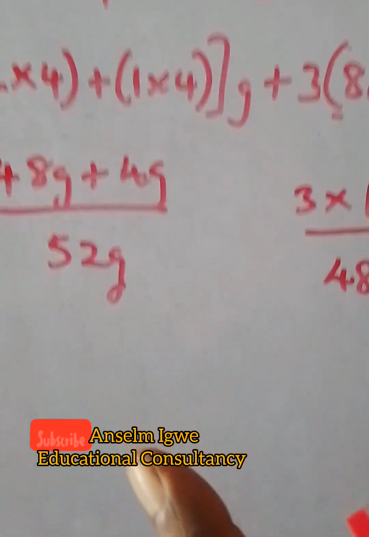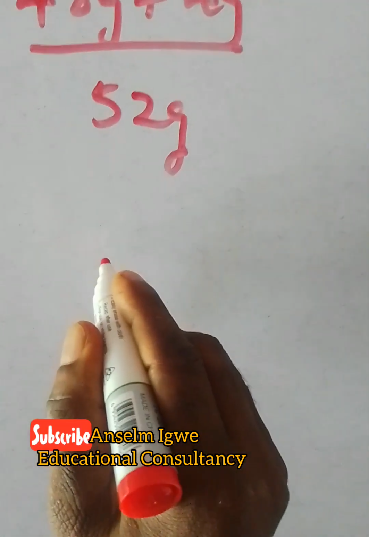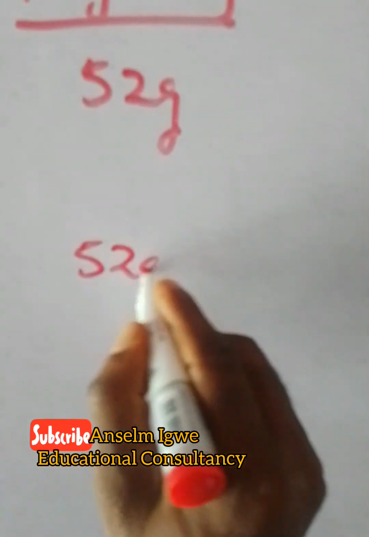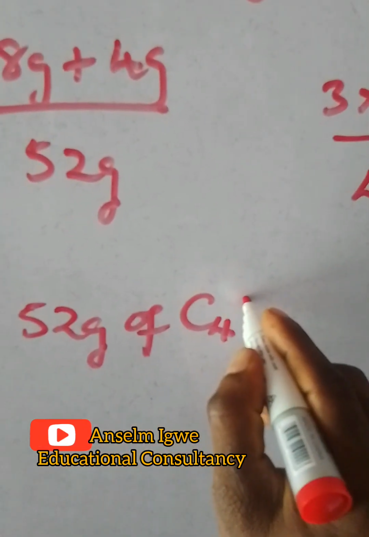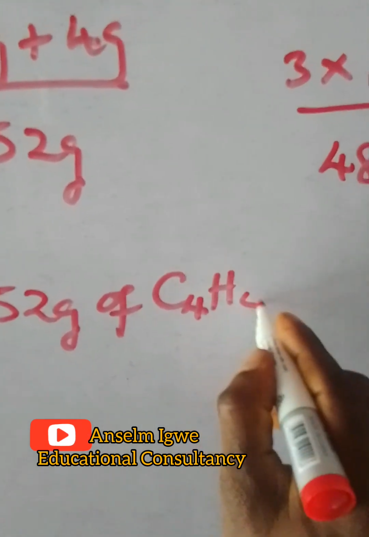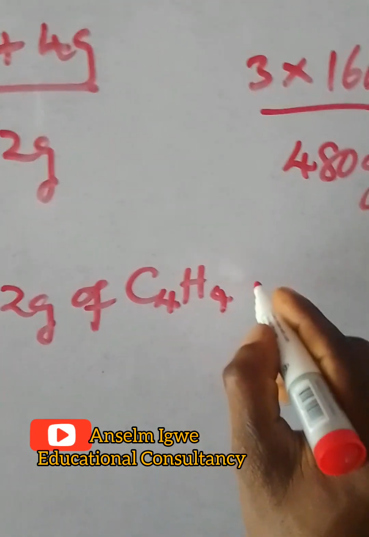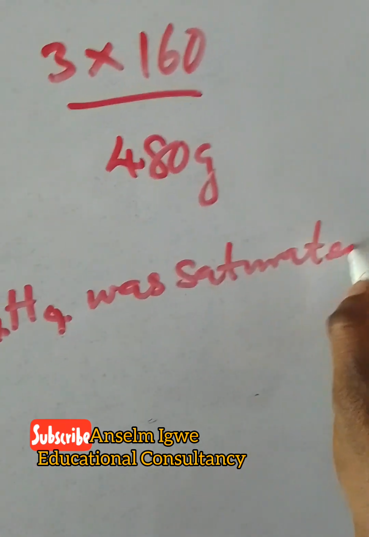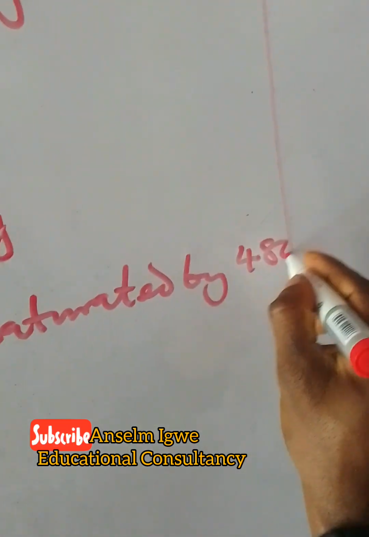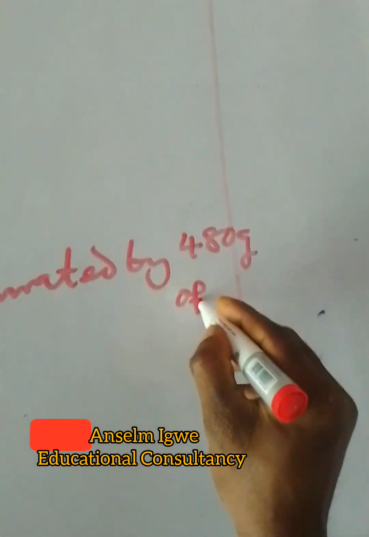Now, on a molecular scale, 52 grams of But-1-en-3-yne was saturated by 480 grams of bromine.